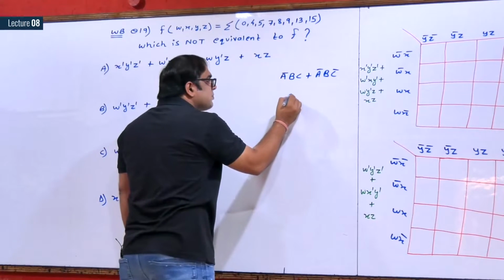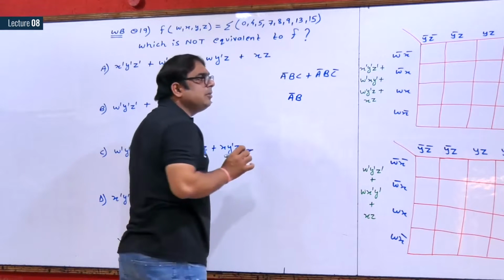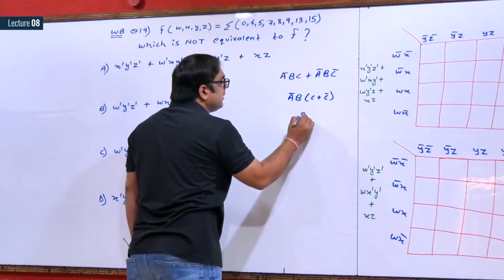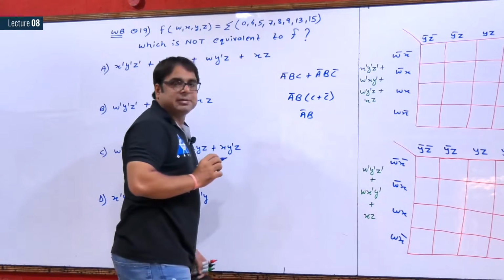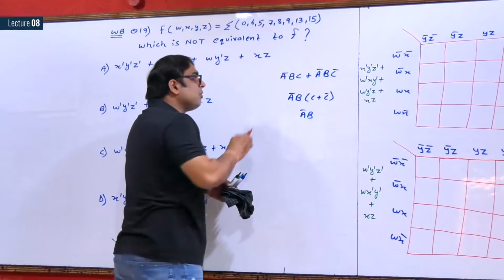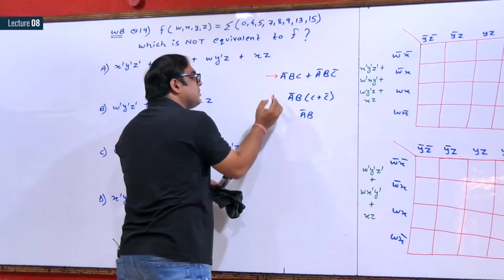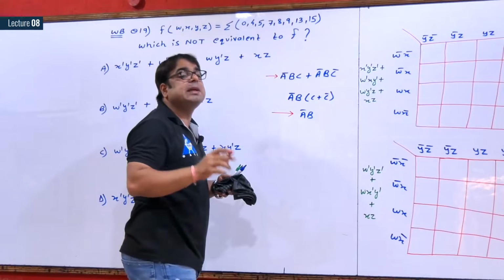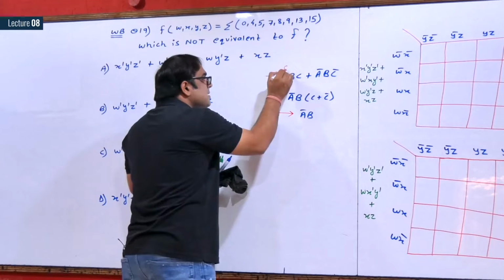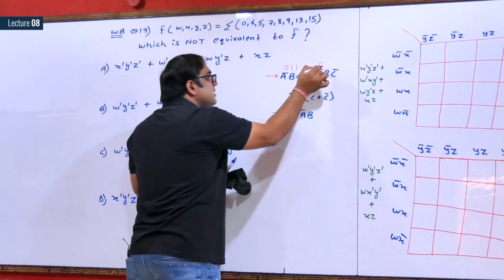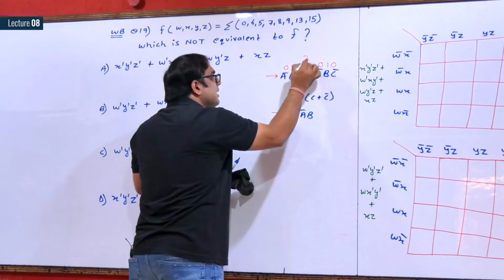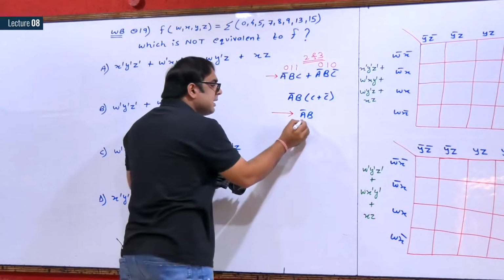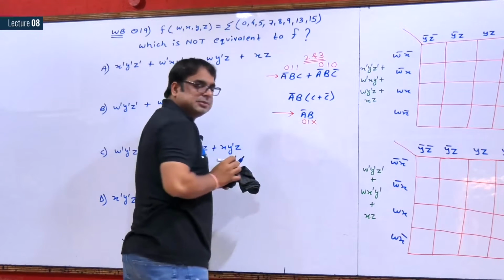If you minimize this by taking a complement b common, it gives c plus c complement, so this is a complement b. Now whether you check the min terms of this function or of that function, both will be equal. How? See, 0, 1, 1, 0, 1, 0. This is 2 and 3. For the reduced form, this is 0, 1 and don't care.